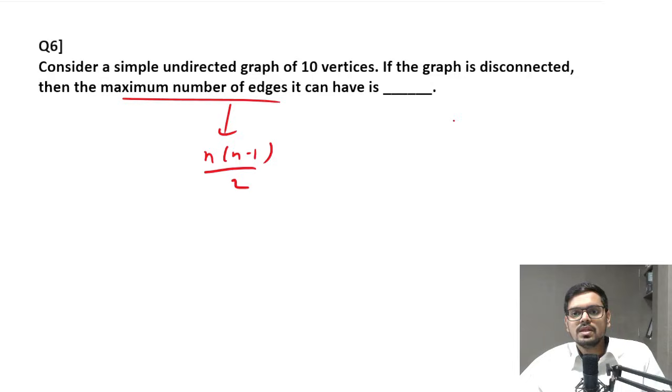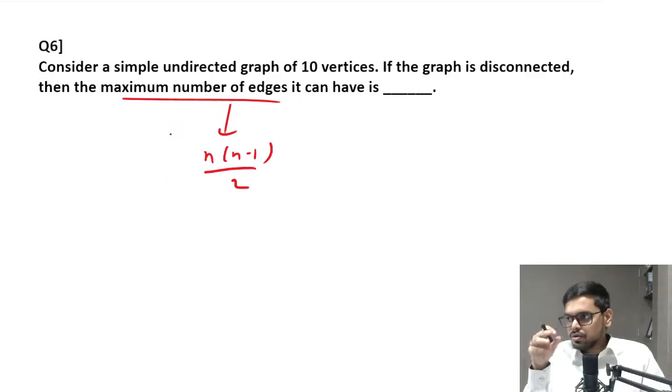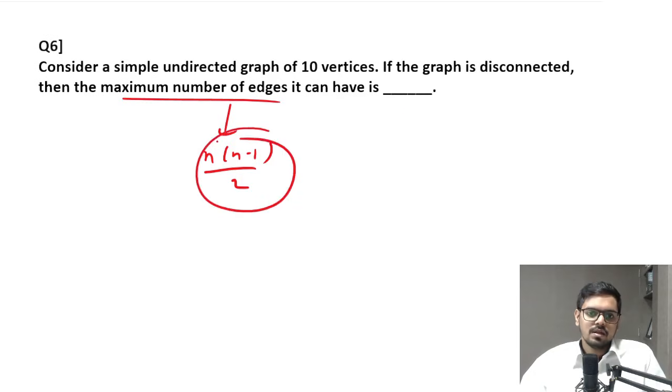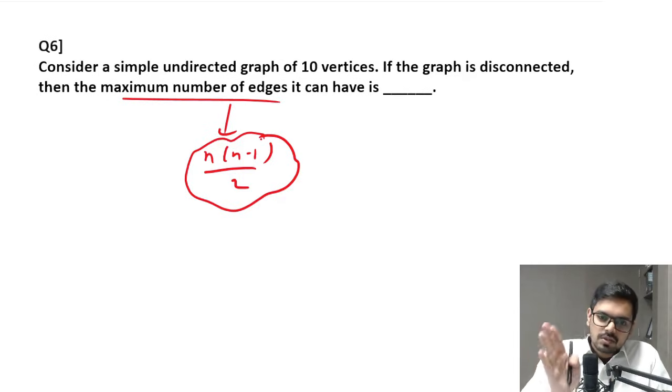Now they are saying the graph is disconnected, so among these vertices there would be one vertex isolated, and I should erase the edges of that isolated vertex. If all 10 vertices were connected to each other, that would be the count, but here one is isolated, and you mistakenly consider those edges in this calculation.